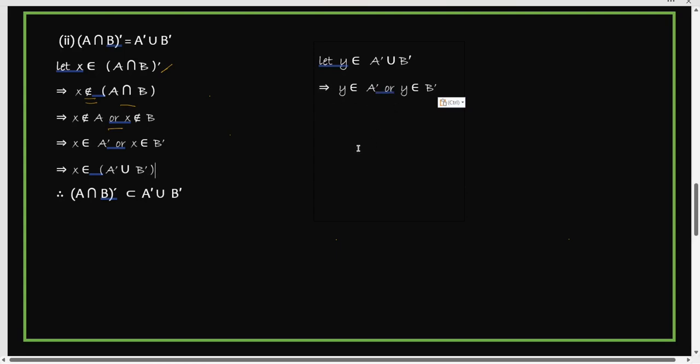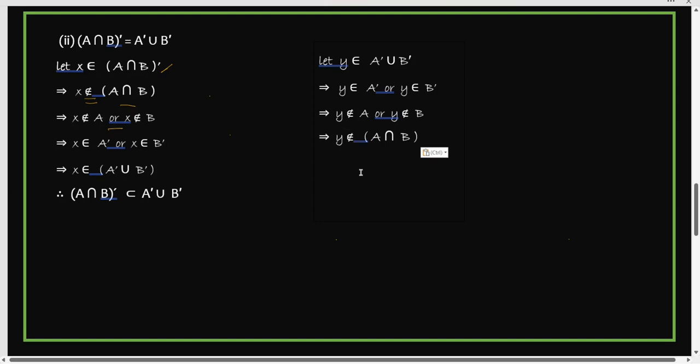You know what you should do: y does not belong to A or y does not belong to B. Since does not belong to A or does not belong to B, that becomes intersection. So it implies y does not belong to A ∩ B.